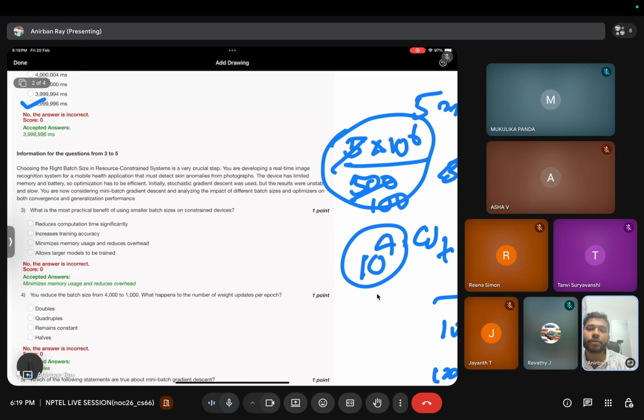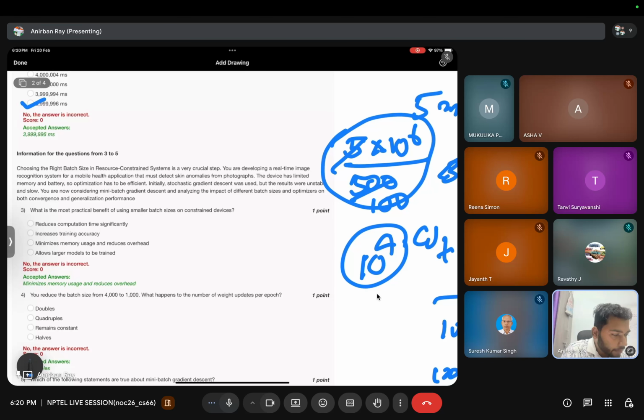With stochastic gradient descent, the path of the gradient on the error curve is stochastic, or uncertain, and you can make mistakes, and also it is slow. You're considering mini-batch gradient descent and analyzing the impact of different batch sizes on optimization, both convergence and generalization performance.